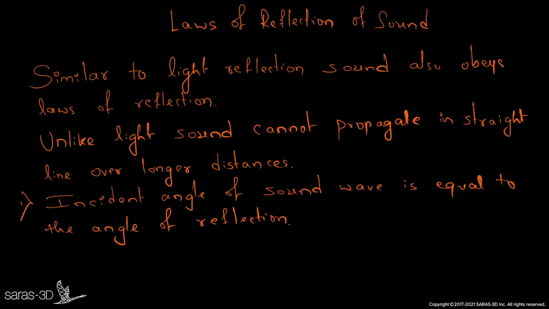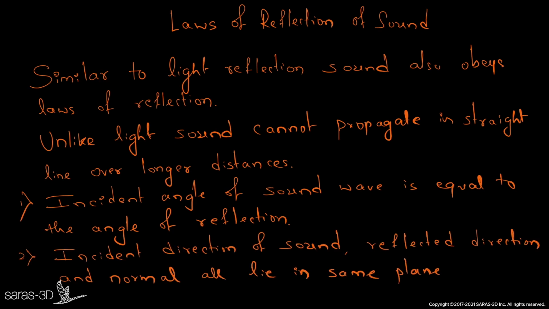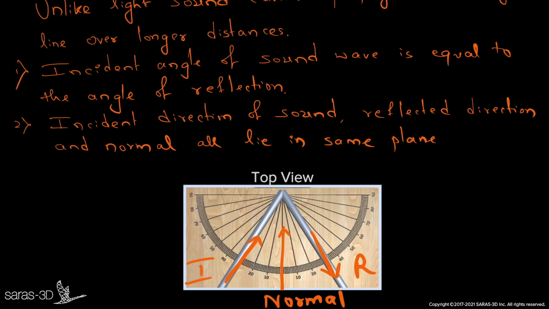Then we can state the first law of reflection, which states that the incident angle of sound wave is equal to the angle of reflection. Incident direction of sound, reflected direction, and normal all lie in the same plane. So this is what we have studied regarding the laws of reflection.